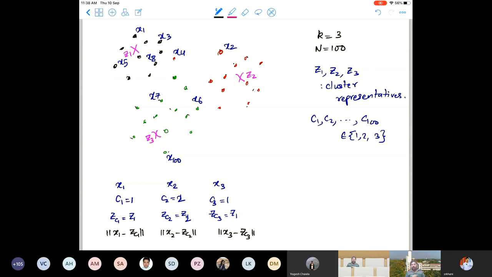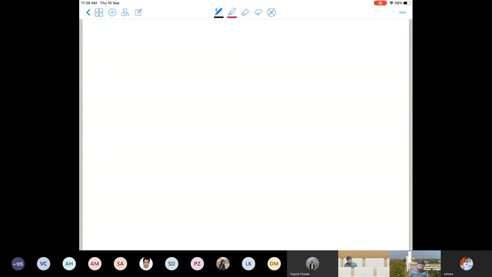And what is my objective? My objective is that this particular distance be as small as possible if I am assigning x1 to cluster 1. This distance be as small as possible if I am assigning x2 to cluster C2, x3 to cluster C3, and so on and so forth. So in this representation, with this understanding of notation, now I write this thing again, J clust.